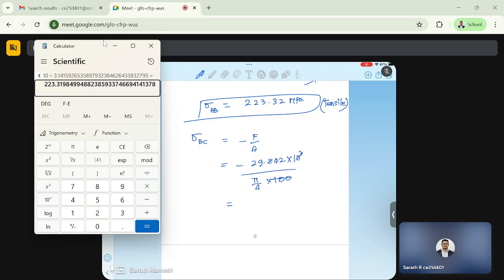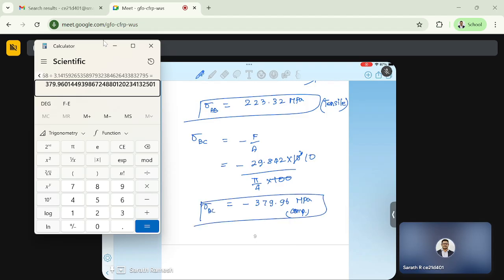So this is 10. So 29.842 into 40 divided by pi, giving me 379.96 megapascal. Compressive, right? Nature is compressive. Sigma BC.